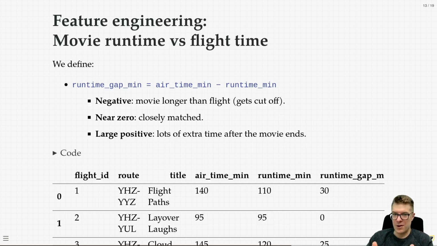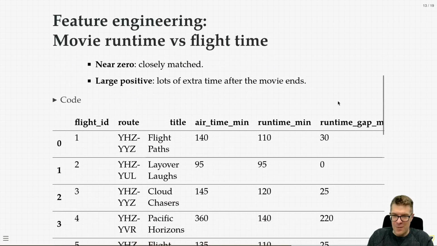If it's close to zero, it's closely matched, and if it's largely positive, if the airtime in minutes is way longer than the runtime of a movie in minutes, this is a lot of extra time after the movie ends that the passengers might be bored. I presume that they should have books with them anyway to read, but that's another story altogether.